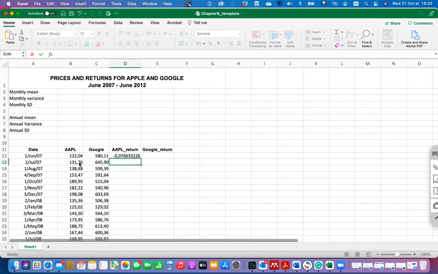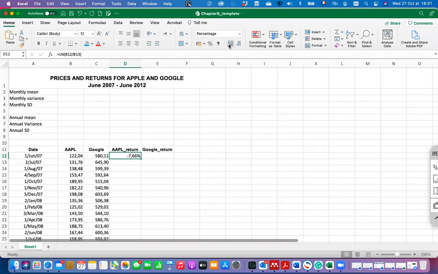And click on enter. I have minus 0.076. I can transform it into percentage, and add more decimals. So minus 7.66%, which means that between these two months, the price of Apple has gone down.